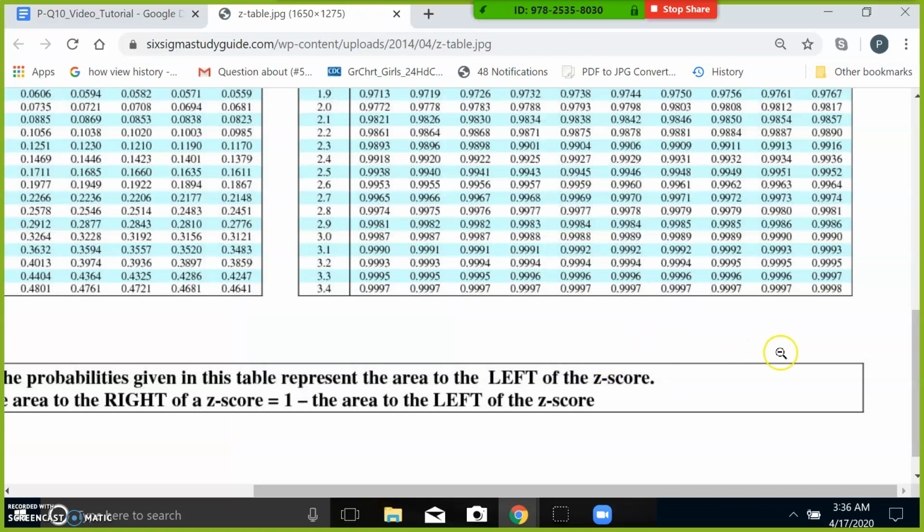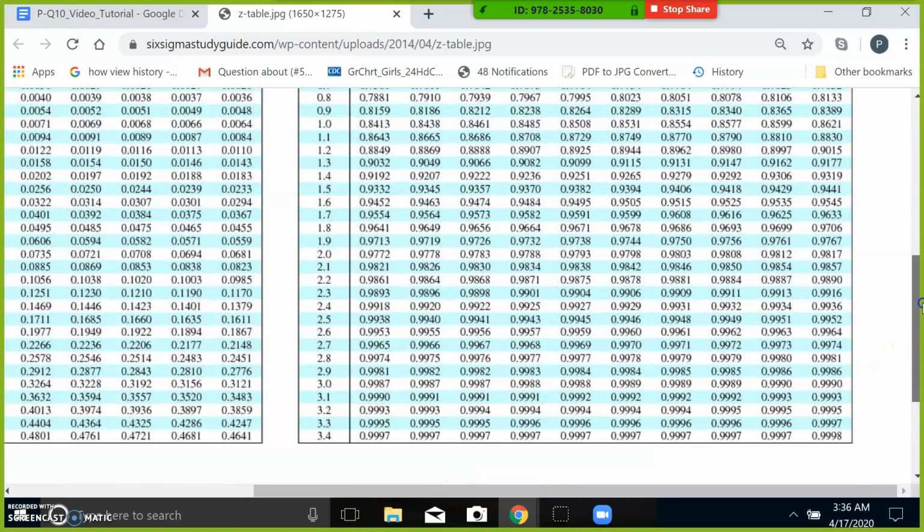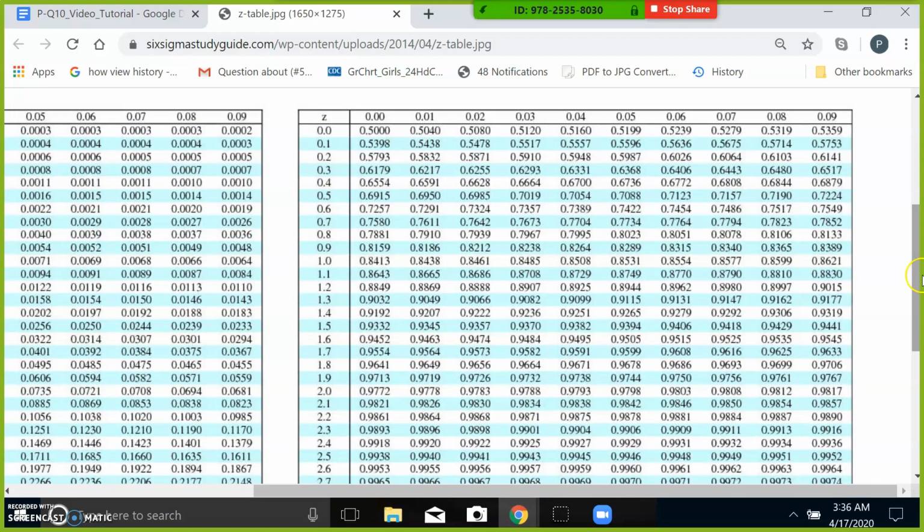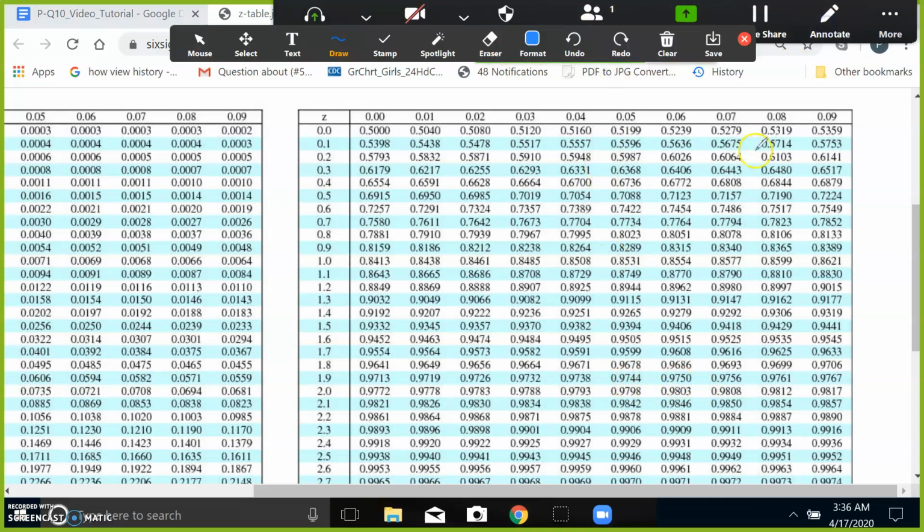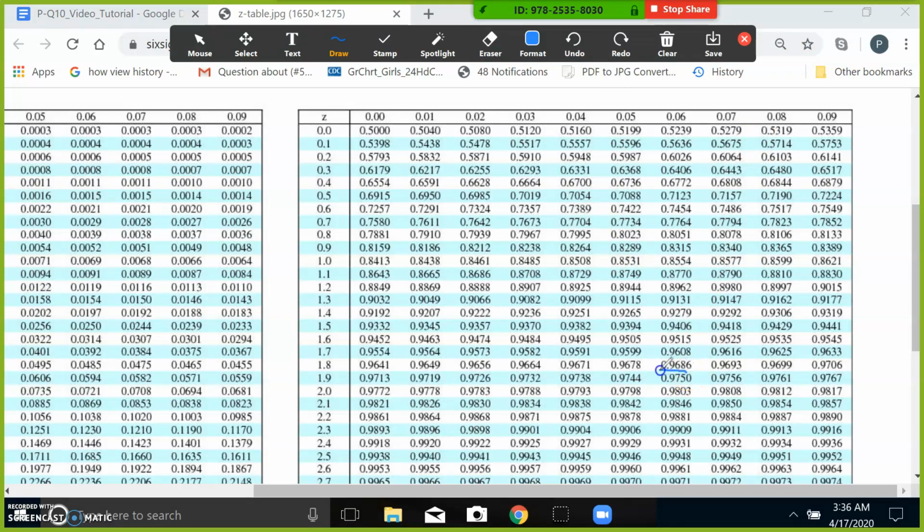So click on our z-table now and enlarge it. I'm looking for 0.975 in the table. You may not be able to find it exactly, but you'll find the one closest to it. But actually, I do see it right here. 0.975 right there. Then what you do is you find the z that it came from. It came from 1.9 that way, and going up this way, 0.06.